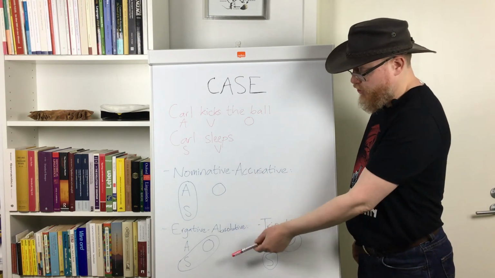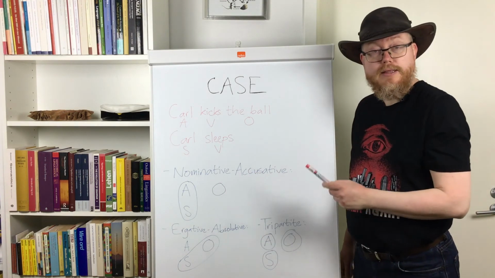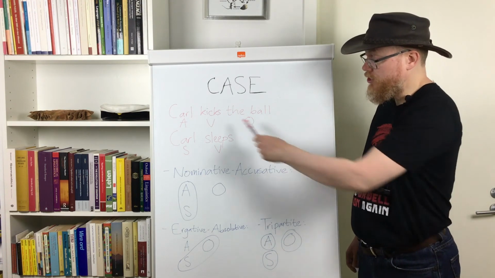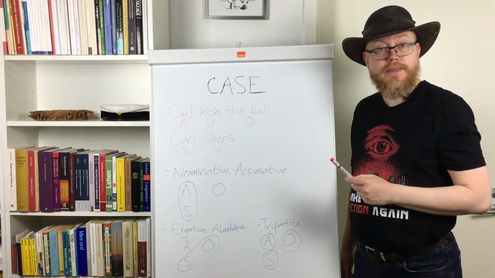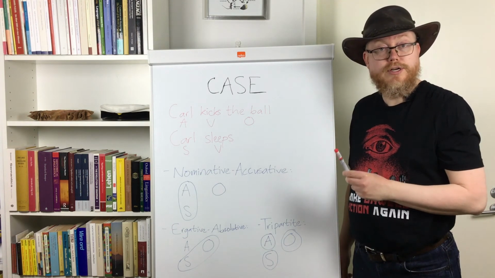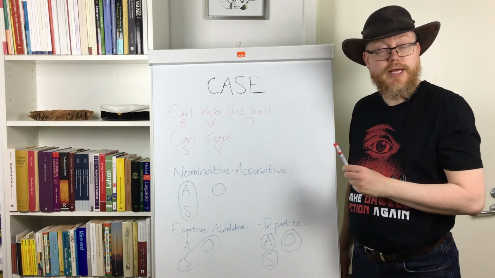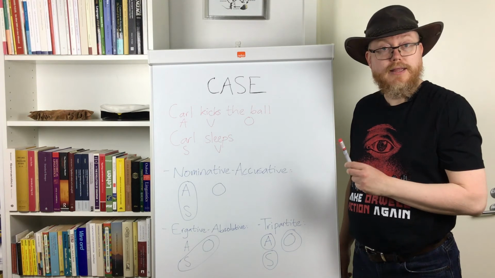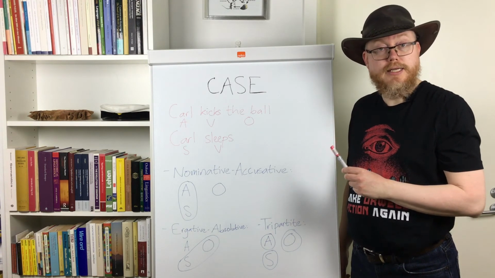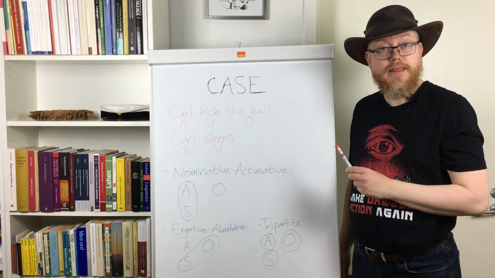So in these two case marking patterns, there is one constituent in the transitive clause that is unmarked, that doesn't have a case marker. We saw in the Turkish example that adamları had a direct object marker that singled it out as the object, while kız did not have a case marker.